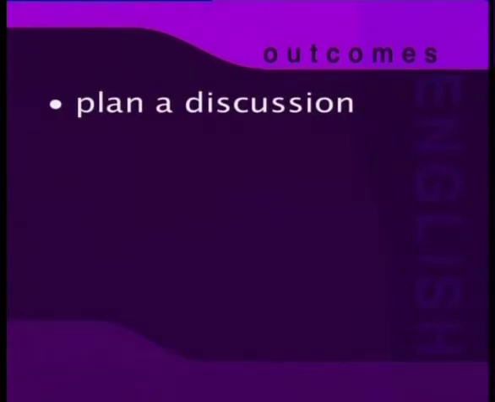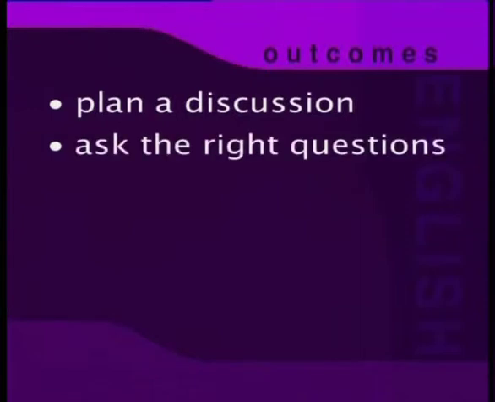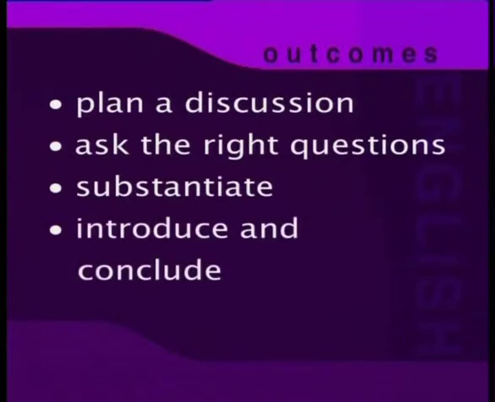By the end of this lesson, you'll be able to plan a discussion, ask the right questions of an issue, substantiate your claims, and then introduce and conclude a discussion. Now, when you're faced with a difficult or complicated issue, you really have two options.